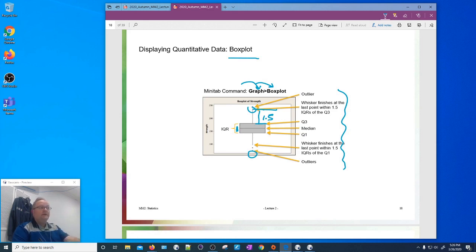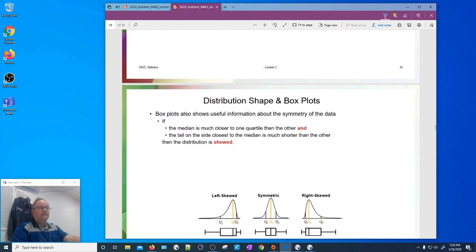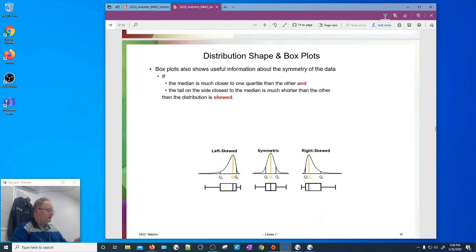Okay, so we can see that there's a symmetry, or if you like, they're analogous to one another to have shape. So left and right skewing, we need to be able to pick these up. Okay, this is a core skill that you need to be able to do here. So left and right skewing, and I've kind of given away a little bit about the mean and medians.